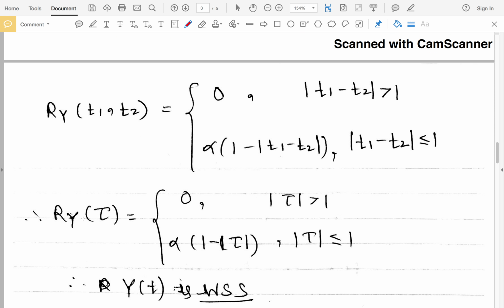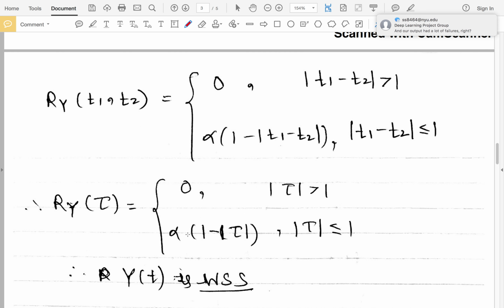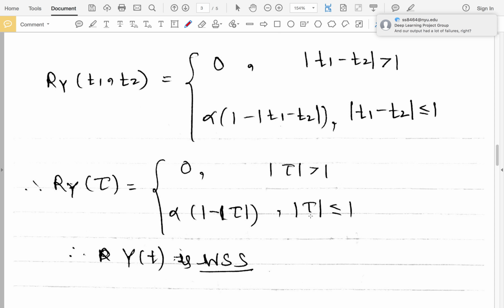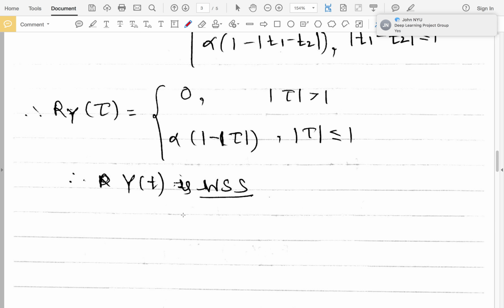So the autocorrelation function for Y, R(tau), where tau is the magnitude of t1 minus t2, is equal to 0 when tau is greater than 1, and it is alpha times 1 minus tau for tau less than or equal to 1. So Yt is wide sense stationary. Thank you.